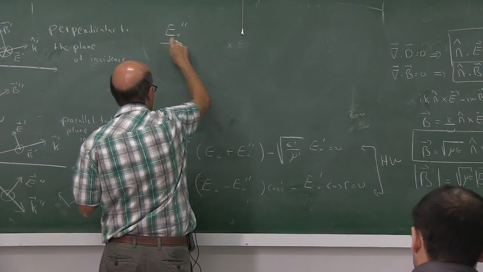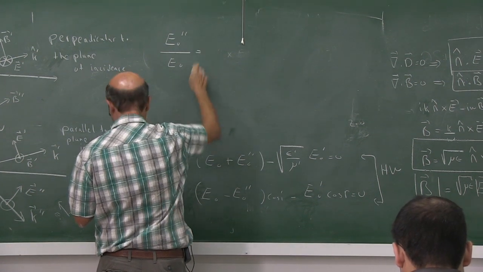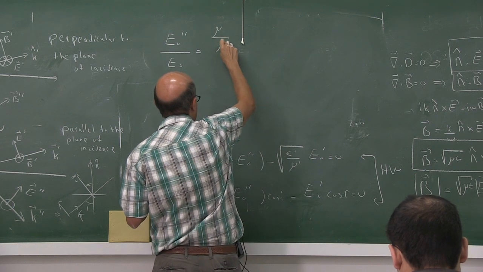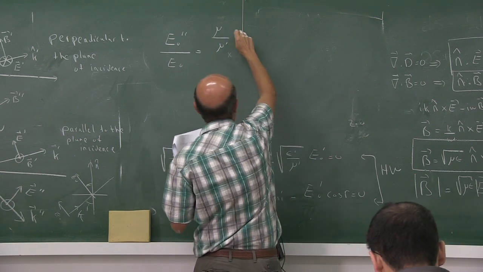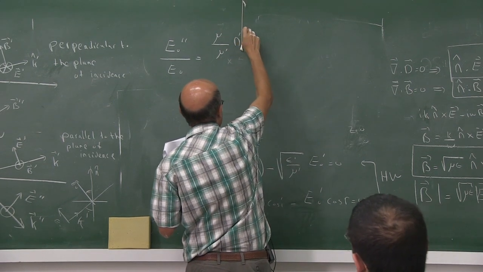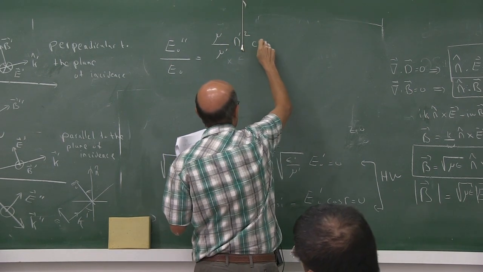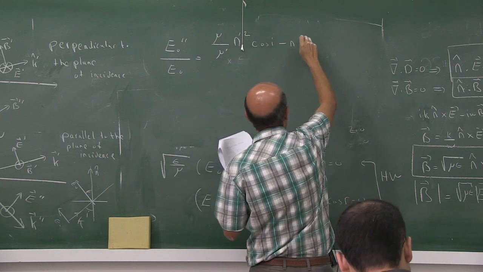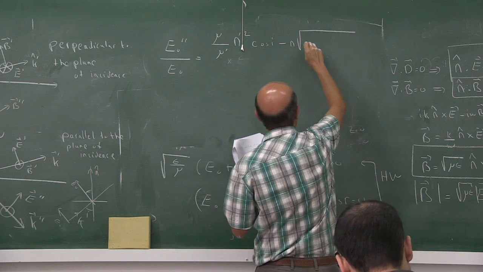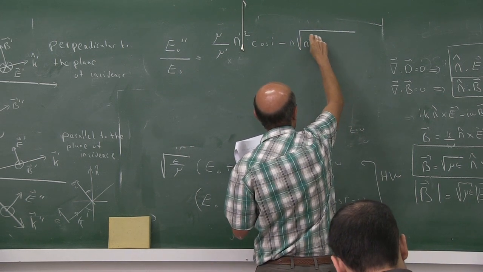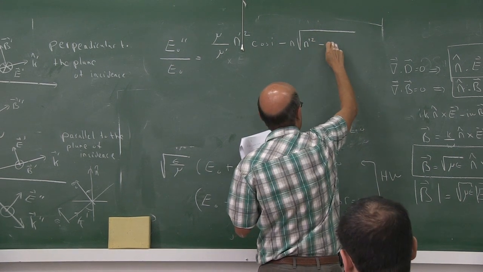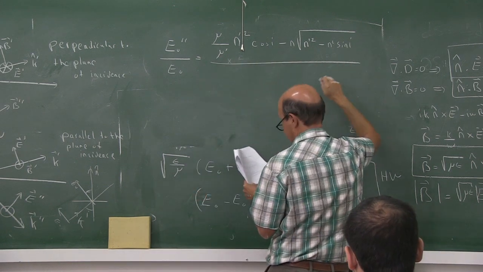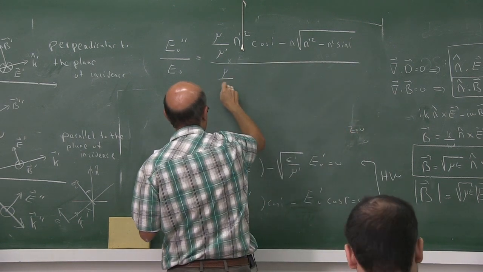E0 double prime over E0 is equal to mu over mu prime n prime square cosine I minus n prime square, n square sine I, mu over mu prime.